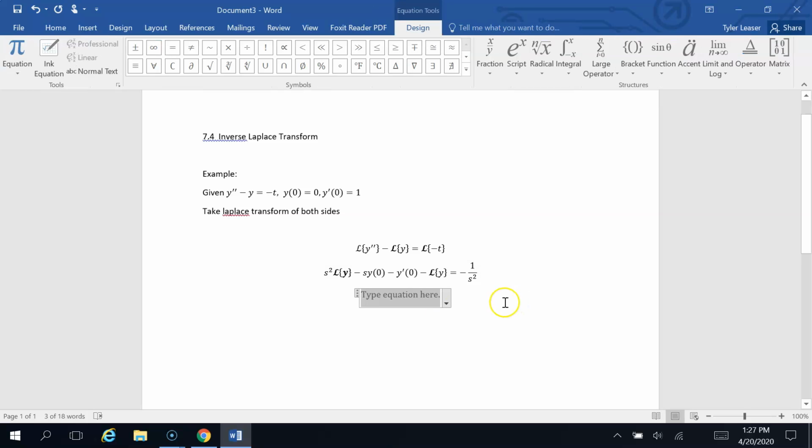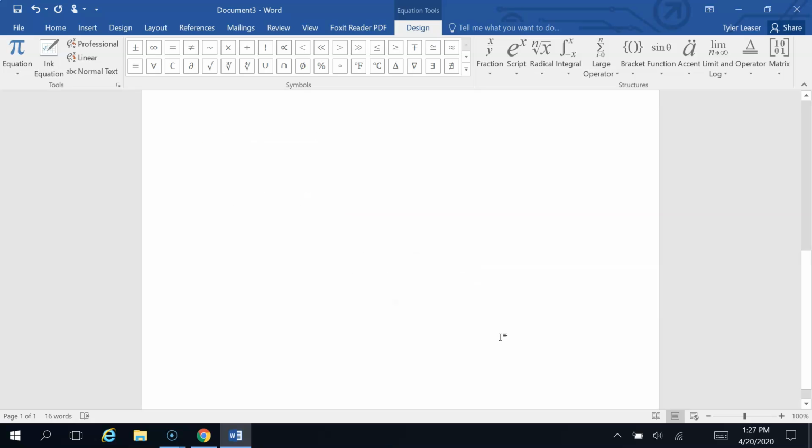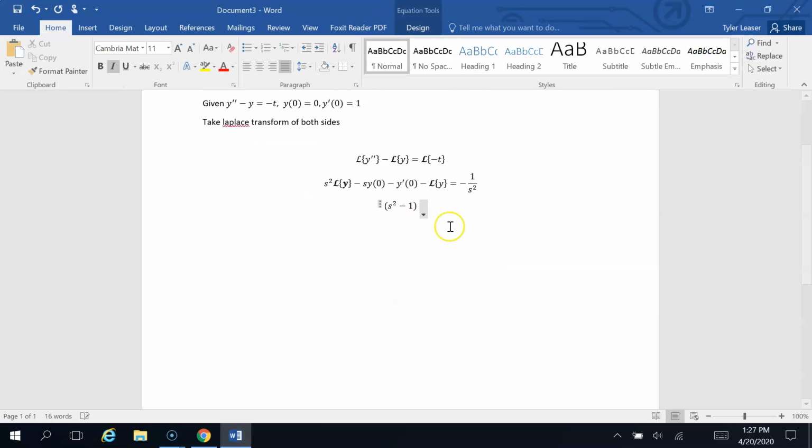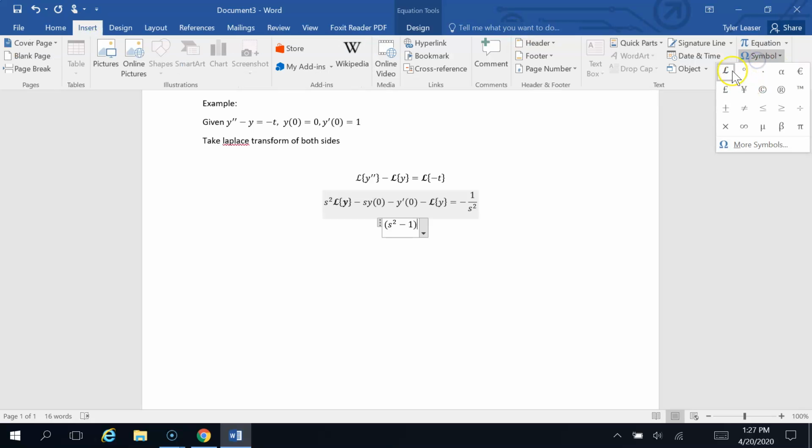Cleaning up the left-hand side here and plugging in the initial conditions, we're still going to have s squared times the Laplace transform of y, and we have this minus Laplace transform of y. So I'm going to combine that together. So this is going to come out to be s squared minus 1, and then this Laplace transform of y.